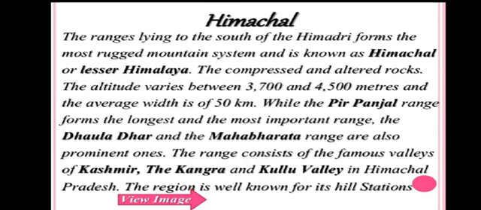Some famous ranges are the Pir Panjal Range, Dhauladhar and Mahabharat ranges. It has some famous valleys like Kullu, Kangra and Kashmir. They are known for their hill station. The average width is 50 kilometers.